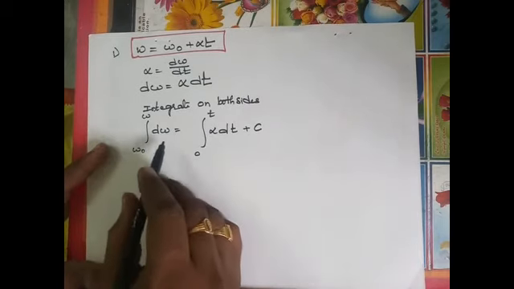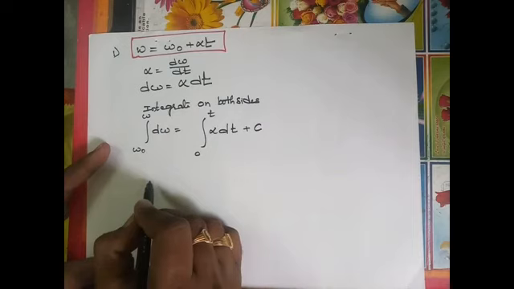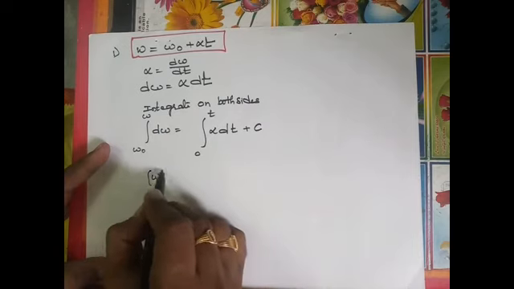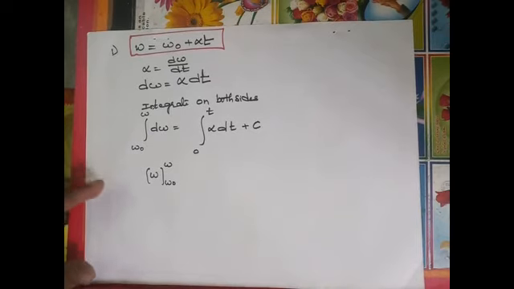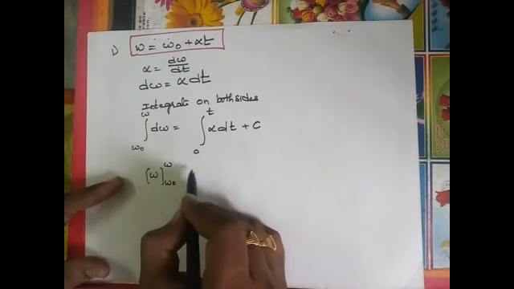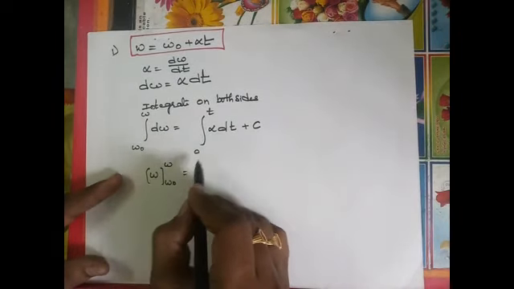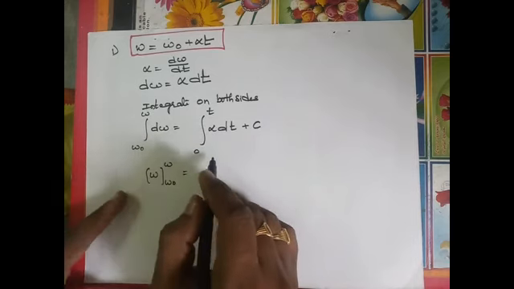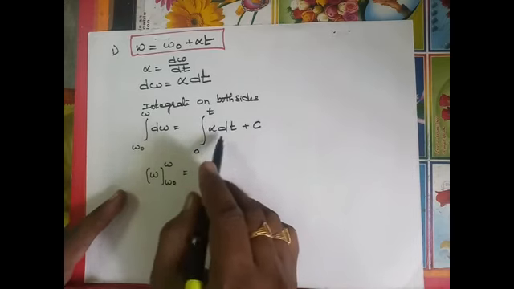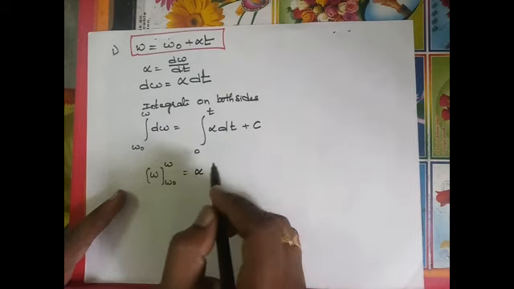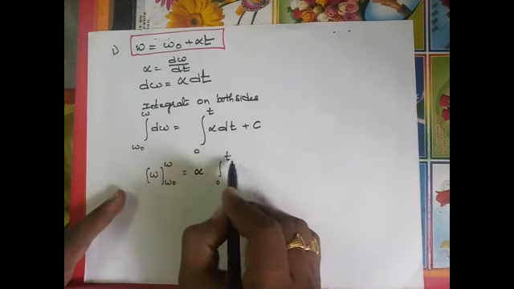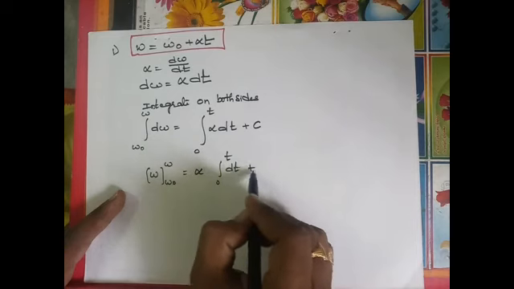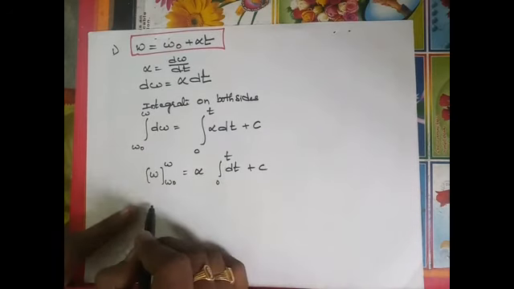Now integrating this one, what we get here? This one can be written as omega from omega naught to omega, and that is equal to, here alpha is constant, writing outside, and we have the term 0 to t of dt, plus c, right? So finally what we get?